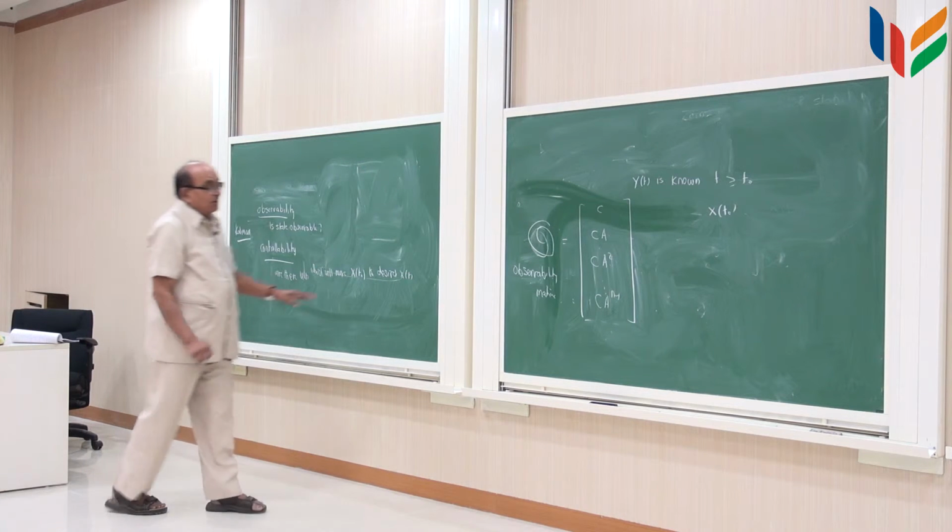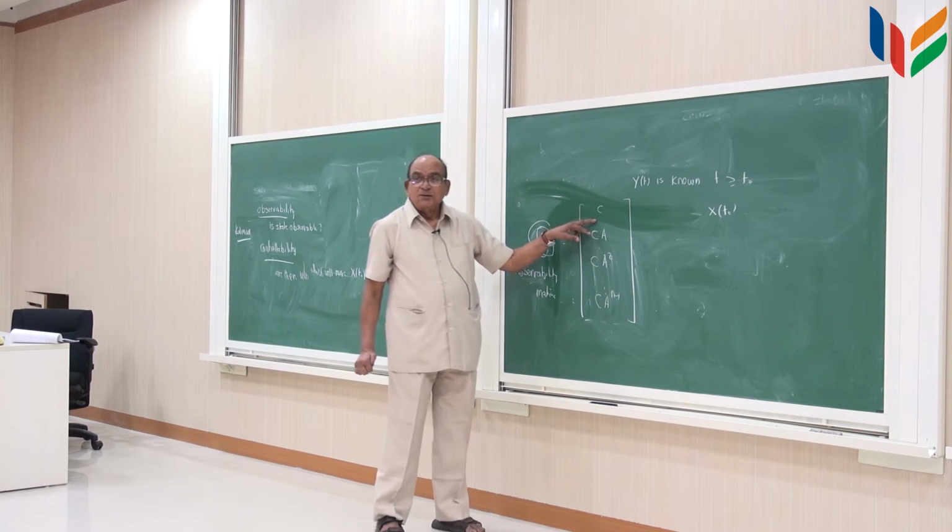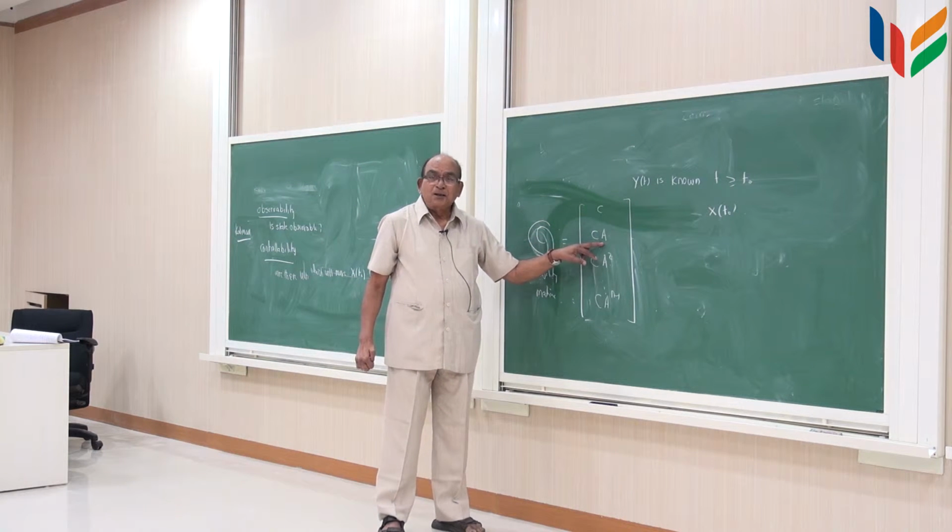This matrix is known as the observability matrix, which has C here, C multiplied by A here, C multiplied by A square here, and so on.